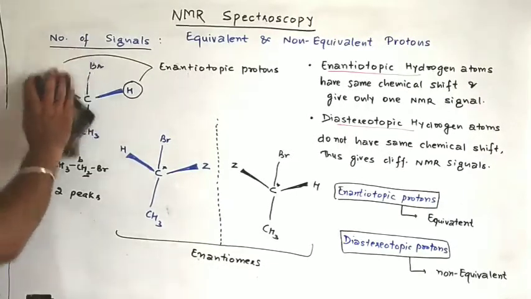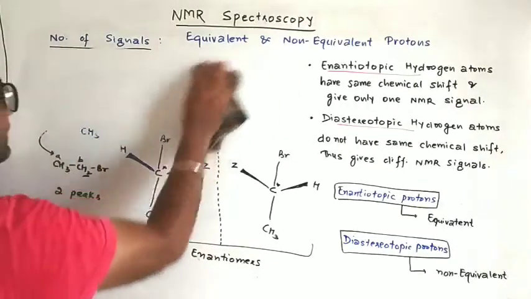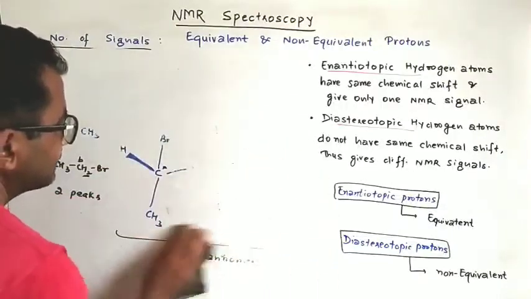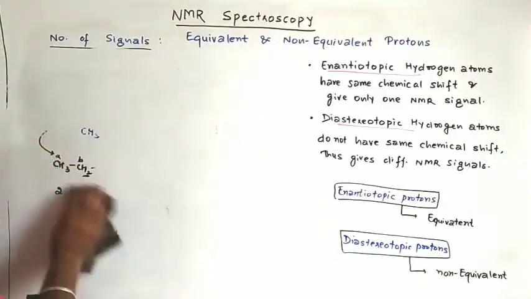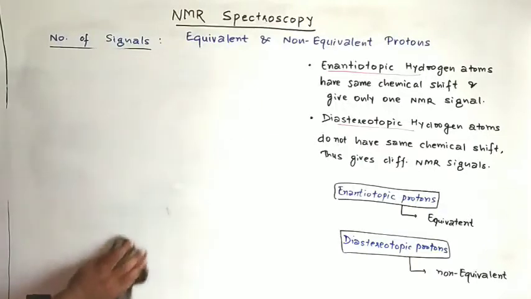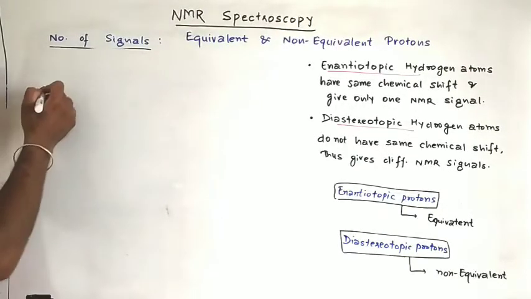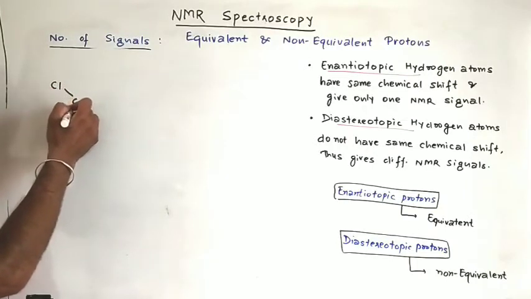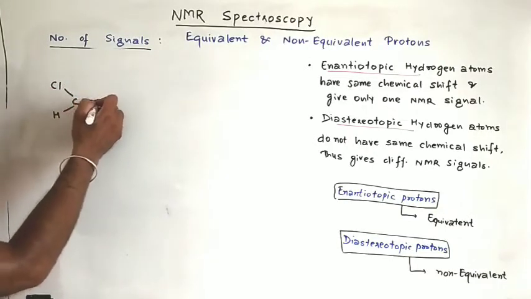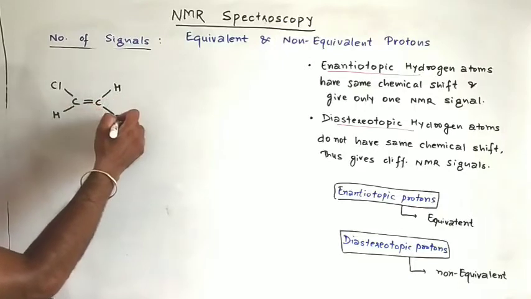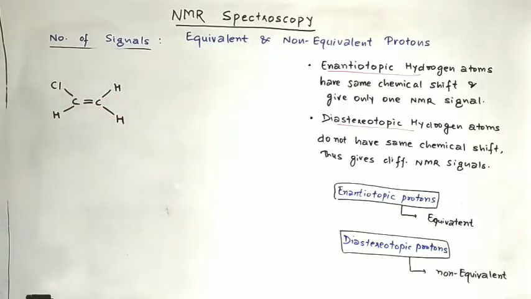Okay. Next we will discuss the diastereotopic protons. What are diastereomers? Basically the compounds which are not the mirror image of each other. Suppose we have this structure. This is chloroethene, or vinyl chloride, you can see.